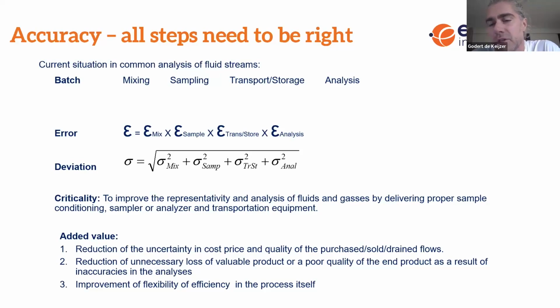So it's not a question of buying the best sampler or the best analyzer in the world and then getting the right answer. You have to do all the intermediate steps right to get a representative answer. It's a fully integrated view of the system itself, the flow conditions, and the conditions in the pipeline that you expect, to be able to get the right answer.